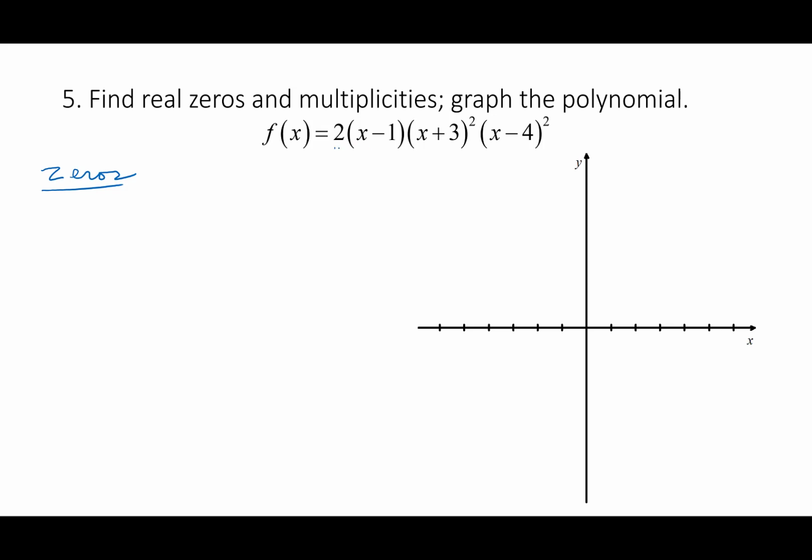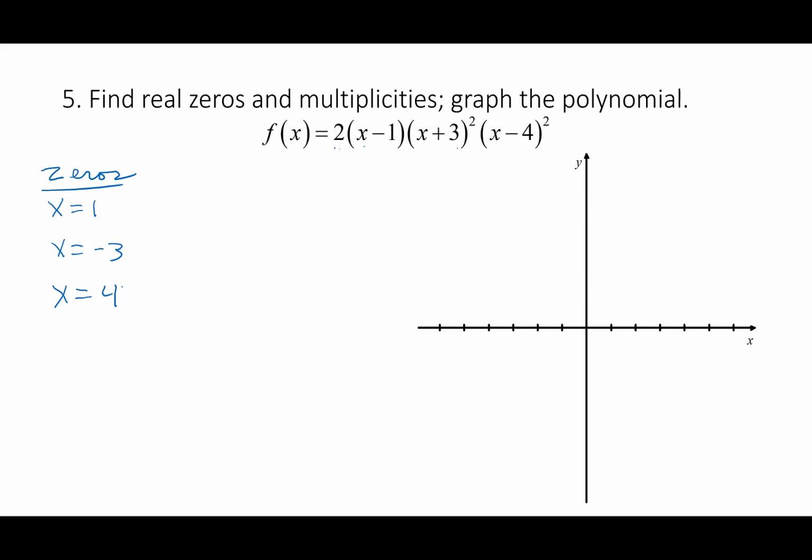There's no value for x that's going to make 2 equal to 0. To make x minus 1 equal to 0, x equals 1. For x plus 3, x equals negative 3. For x minus 4, x equals 4, and these are my zeros.